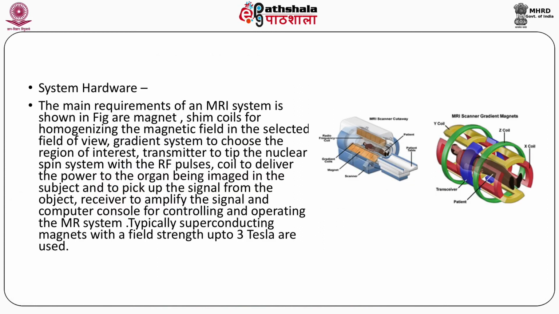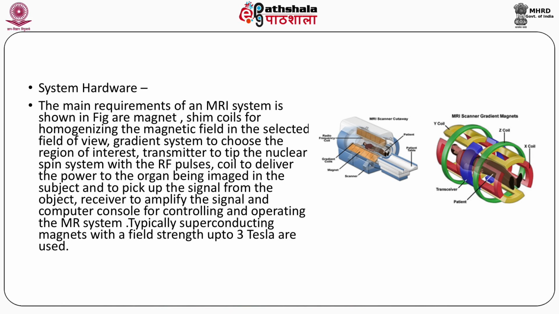Now coming to the last section, the system hardware. The main requirements of an MRI system, as shown in this figure, are the main magnet, which produces a very high magnetic field, the shim coils, the gradient coils, and the RF coils. So we have three main magnetic fields. One is the main magnetic field, which is in the order of 1 Tesla to 3 Tesla or more than 3 Tesla.